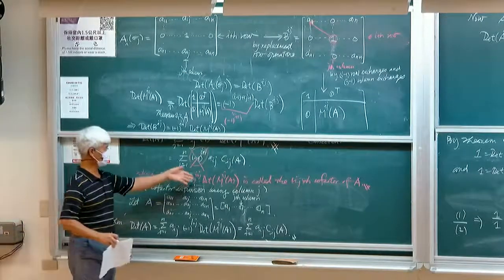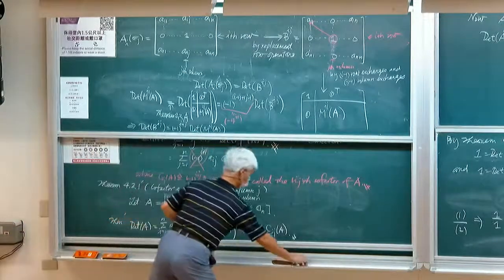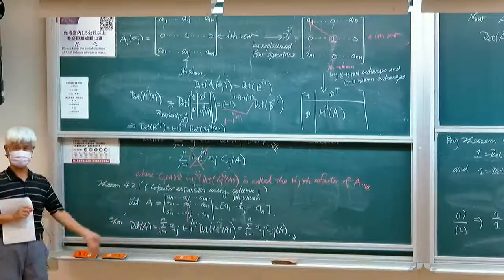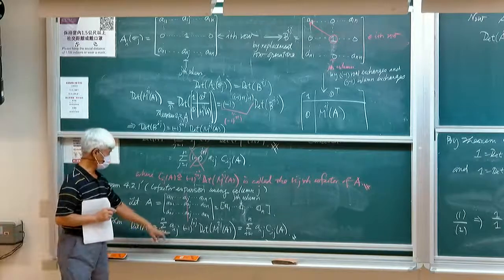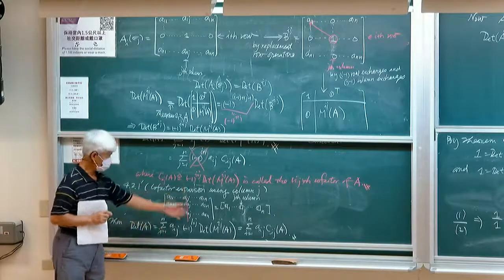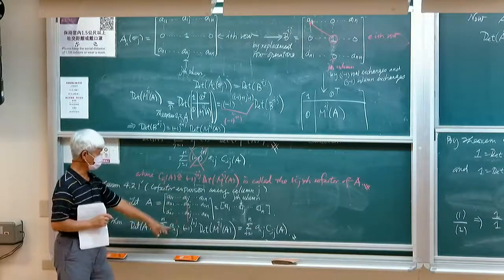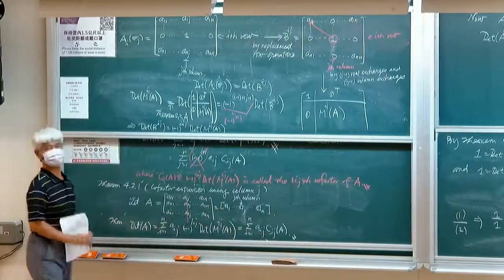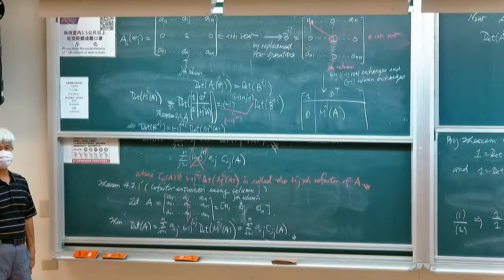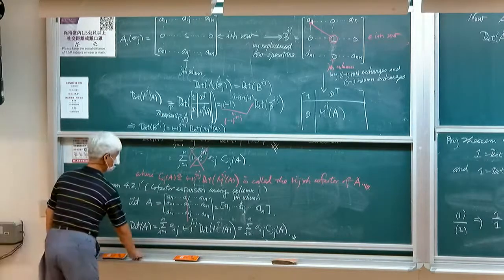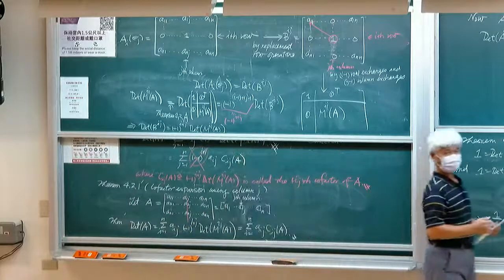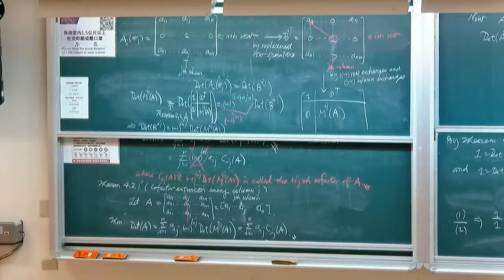We can expand the determinant according to the jth column, using the entries in the jth column and their cofactors together. The proof is the same, so I just omitted it. Any questions about the cofactor expansion?